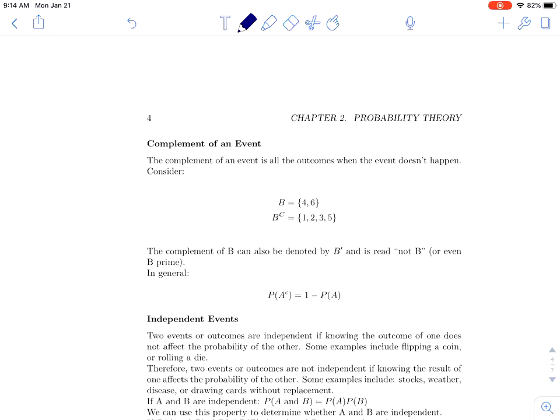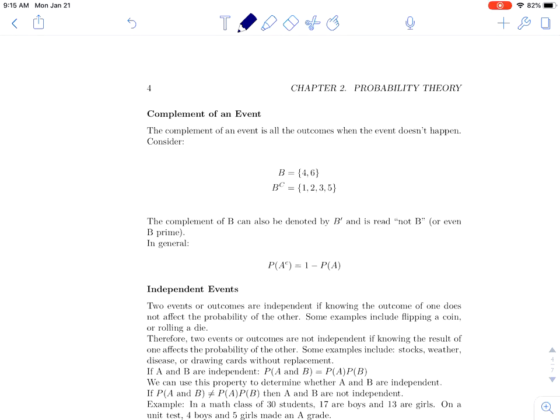And we have this property on your formula sheet: if we know the probability of A, the probability of not A is 1 minus the probability of A. We saw that earlier, when I said if the probability of picking a male is 0.7, then the probability of picking a female is 0.3. That's the complement of picking a male. And that's the complement of an event.